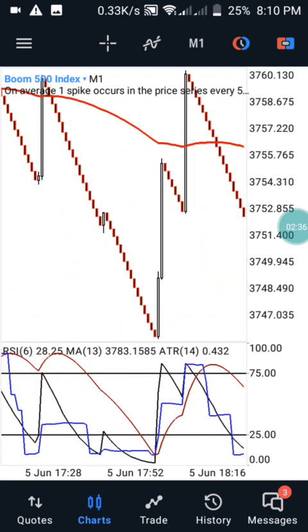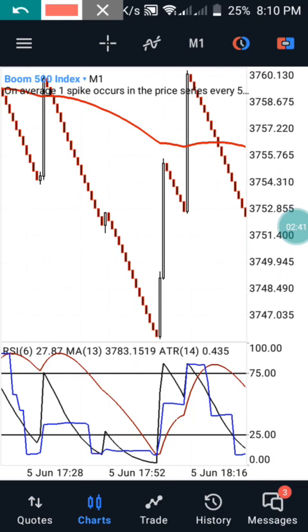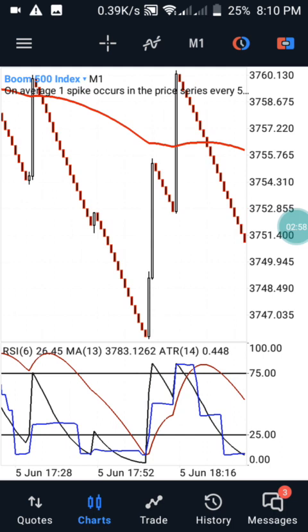Another confirmation from this strategy is this. I told you guys that the two are going to move above the 75 level at this area, which is the black 9 and the red 9 here. They are going to be crossing each other on or above the 75 level. So once they cross each other, your entry will be found around here.